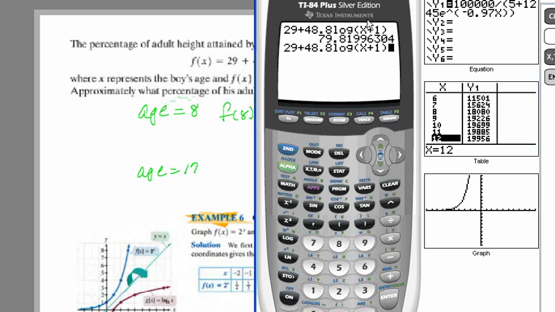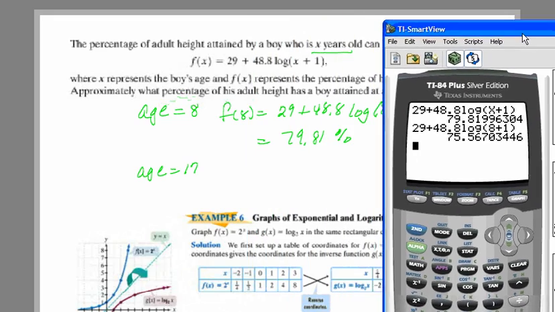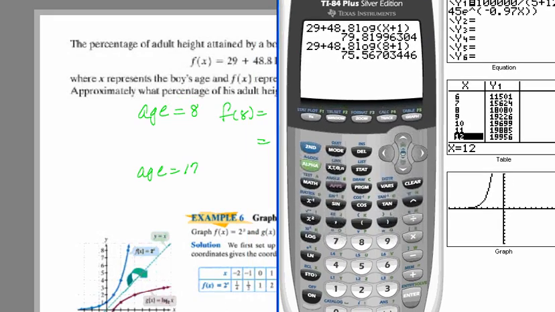I put an x. I didn't need an x right there. I needed an 8. Uh-oh. Okay, let me come here and do this one with the 8. I wonder why it even gave me a value with an x in there. 75.56. Okay, I'll come back and make that adjustment.